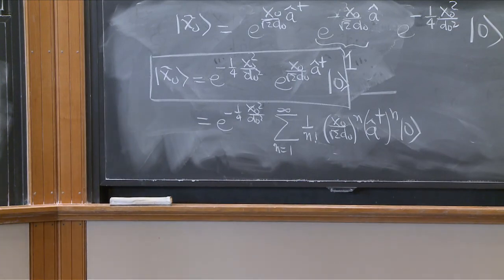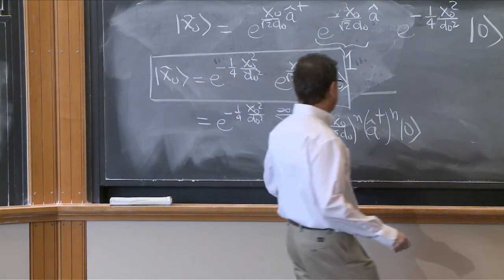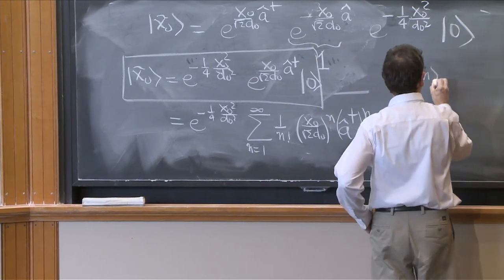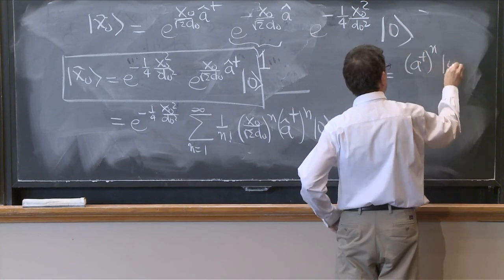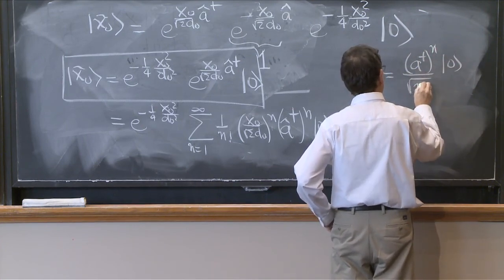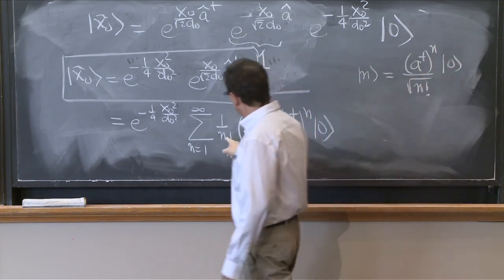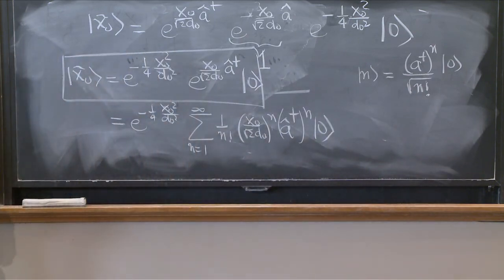And what was the nth energy eigenstate? You probably remember the nth energy eigenstate is a dagger to the n on the vacuum over square root of n factorial. So we've got a little more than a square root of n factorial.